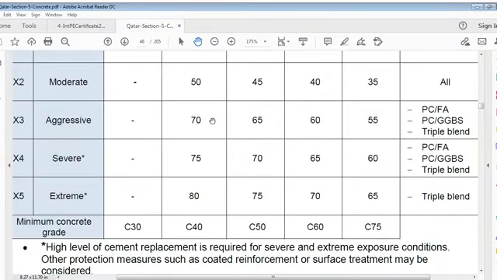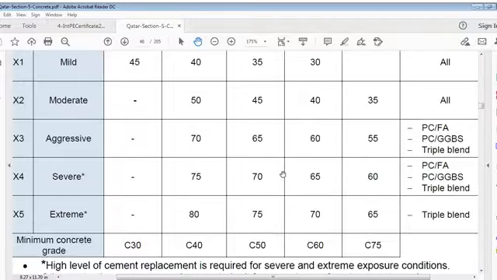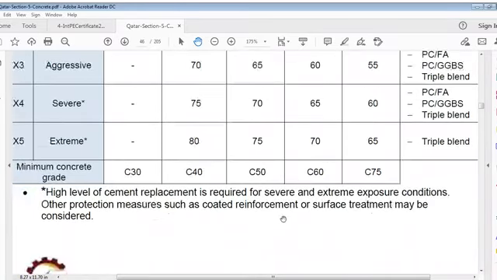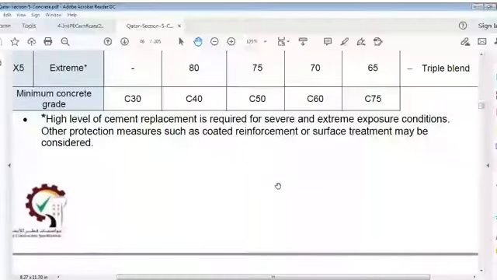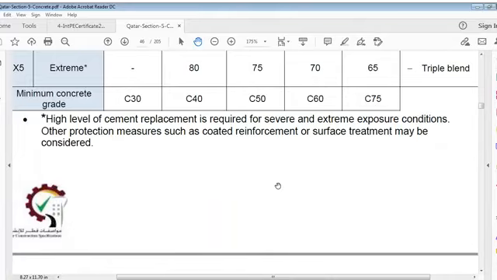In C40 minimum we have to use C40 in case it's moderate, aggressive, severe and extreme, and if it is for C50 then it's all this, and in this case you can read yourself. High level of cement replacement is required for severe and extreme exposure conditions. Other protection measures such as coated reinforcement or surface treatment may be considered.